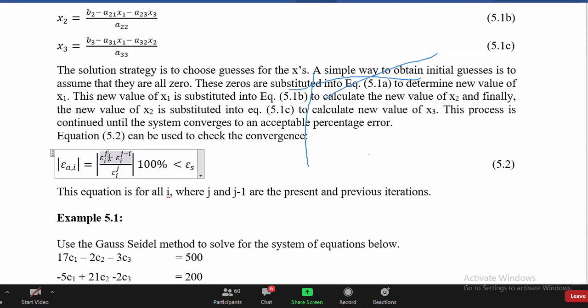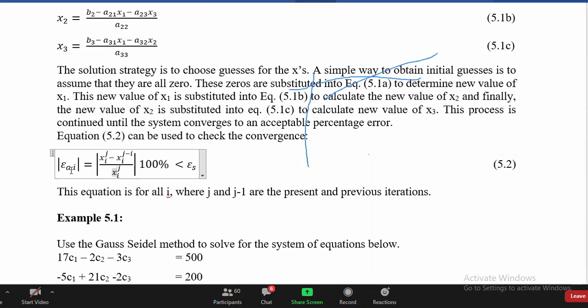Please look at equation 5.2. This thing is x, not epsilon. It is x. See, I'm correcting them. So this is the present x minus the previous x, divided by the present x. Again, absolute value.